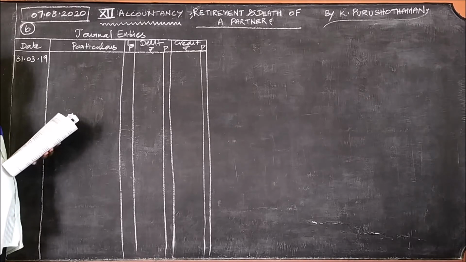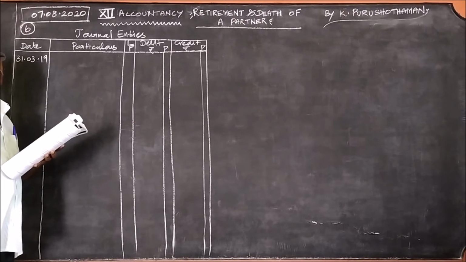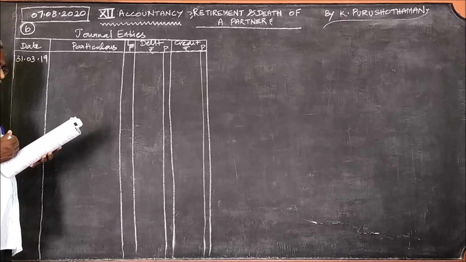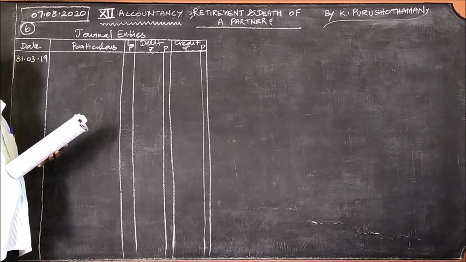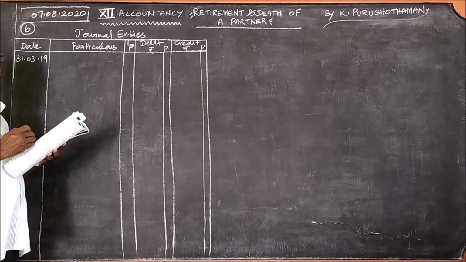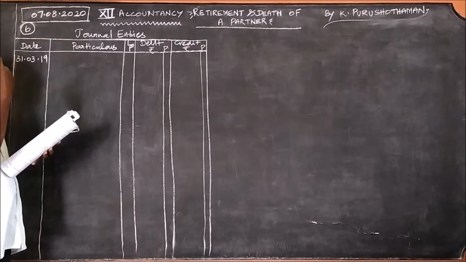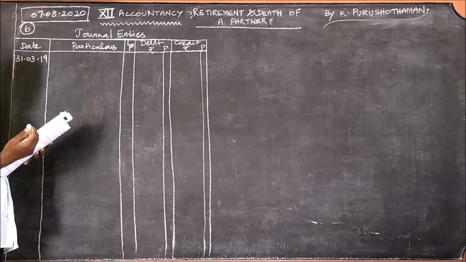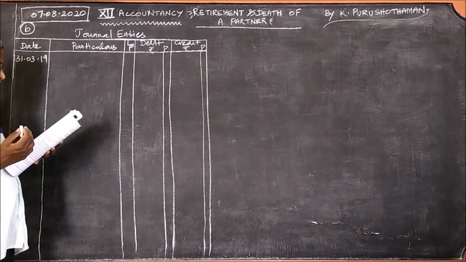Sometimes in some problems, the actual profit is given, sometimes the percentage is given. What is the current value of the asset? It may be given. So we should compare the value of the asset in the past and at the present. Now we should compare the value of the machinery. In the past it was 1,20,000.